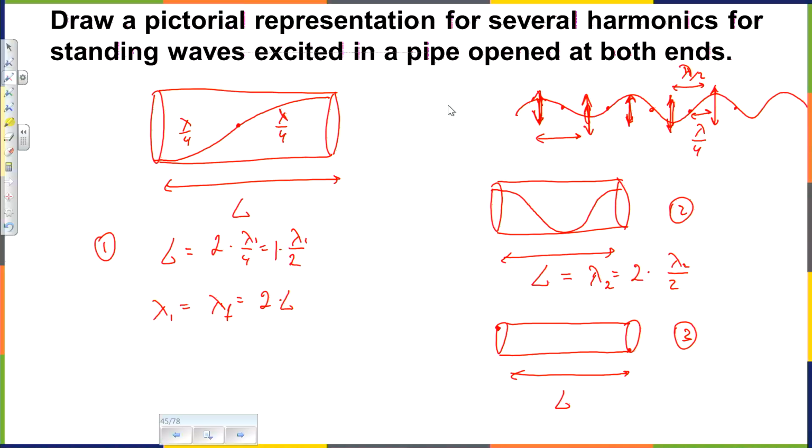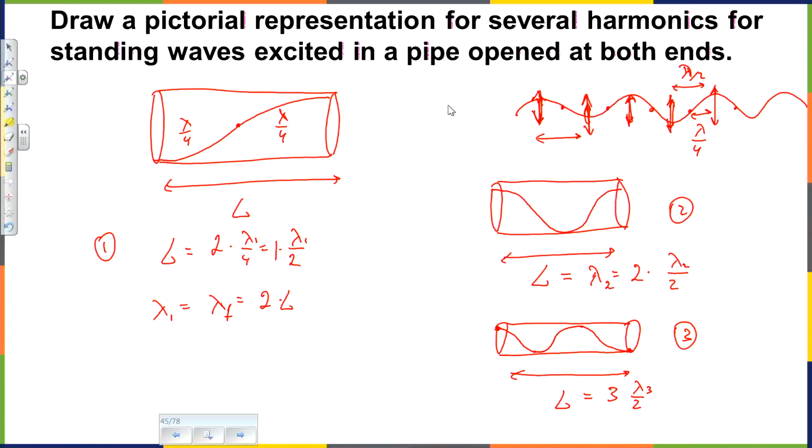So that's going to be down, up, down again, something like this. And that should fit 3/2 of a wavelength. That's for the third possible mode.